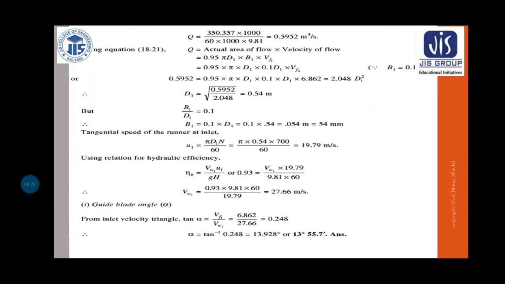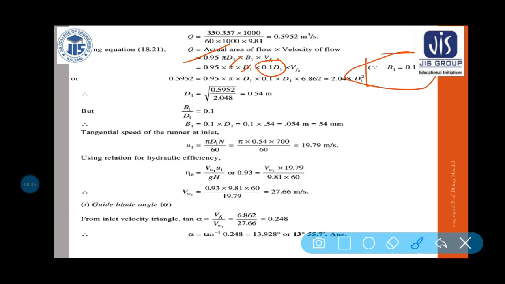So that is written here, you can see. So 0.95, pi you know, d1 I have to find out, and b1 can be written as 0.1 into d1, because from the given data you can write this, and Vf2 also you know, 6.8 meter per second. So from this equation just solve the problem, you will be getting 0.54 meter.